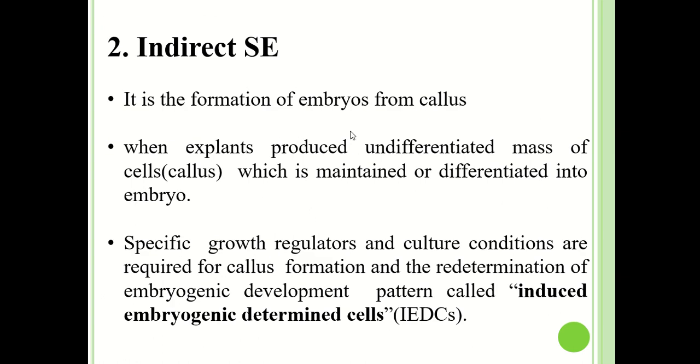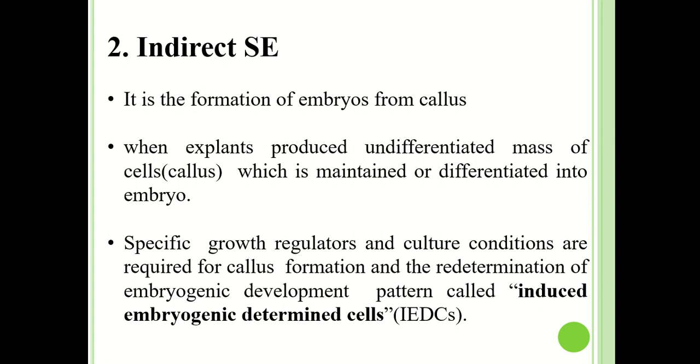In indirect somatic embryogenesis, there is a formation of callus. From the callus formation, further stages are developed. That's why it is indirect somatic embryogenesis. The explant is produced from the callus, which is maintained or differentiated into the embryo, and the cells in this callus are induced embryogenic determined cells.